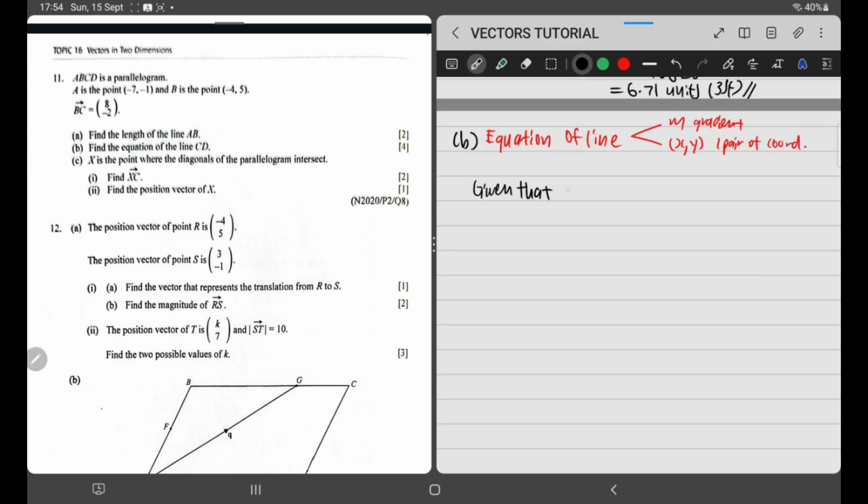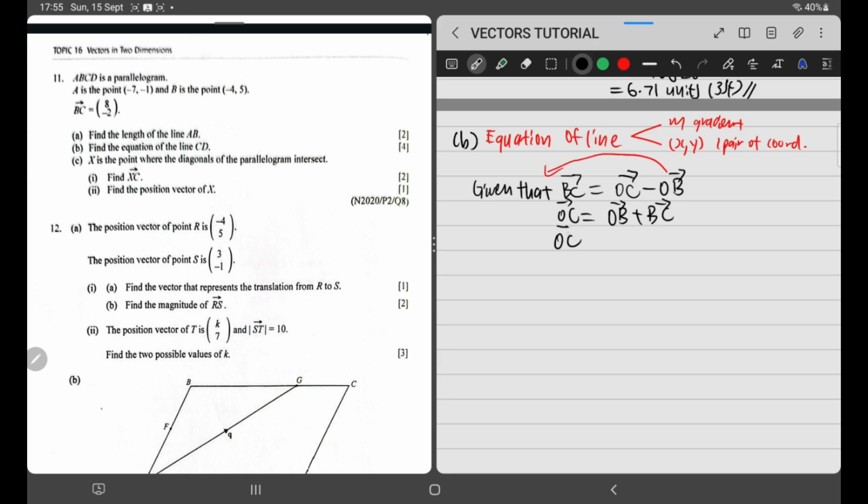So given that BC equals to OC minus OB, OC is just OB plus BC, right? You can just bring this over.